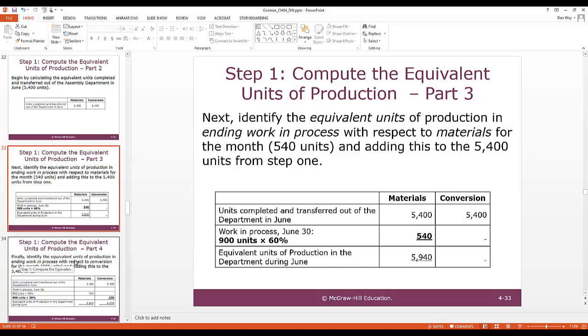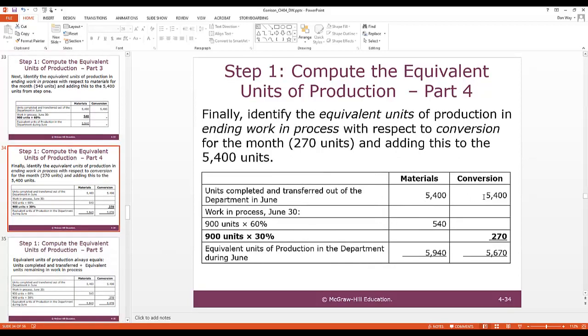So we'll do the same thing for conversion. We've got the 5,400 that were completed and transferred out in June. We've got the 900 physical units that are sitting in ending work in process, and they were only 30% done with respect to conversion costs. So 900 times 30% means 270 equivalent units with respect to conversion.